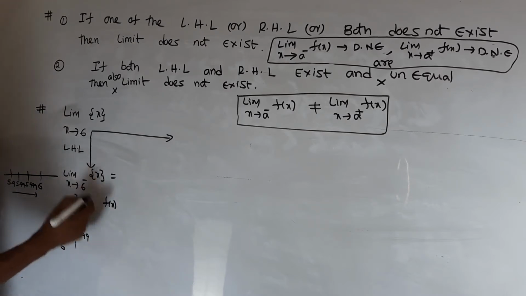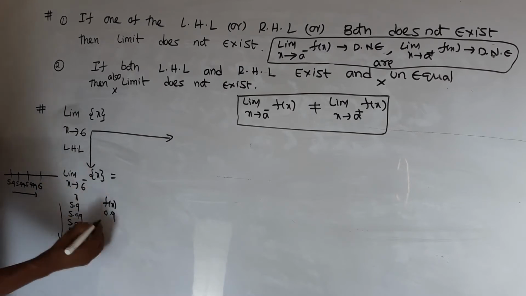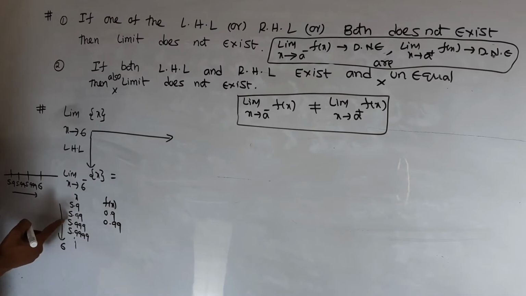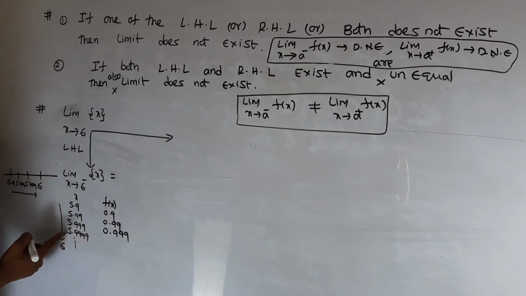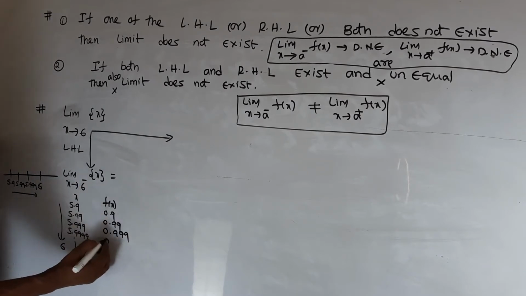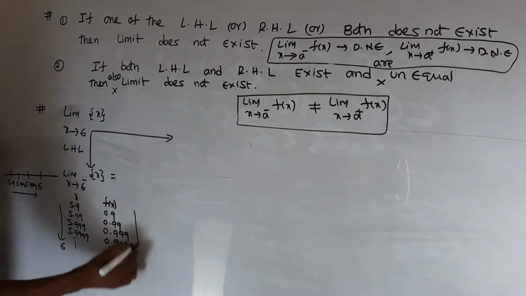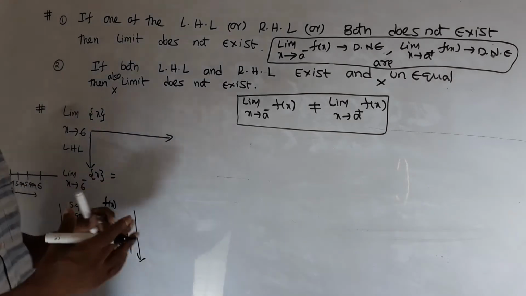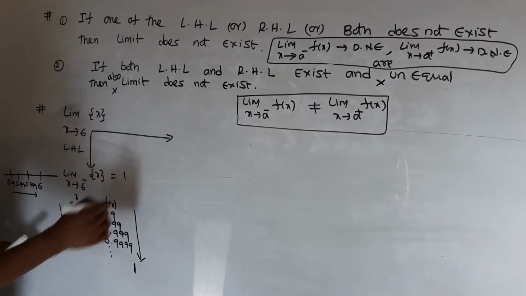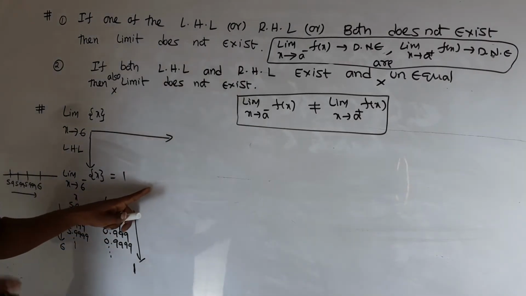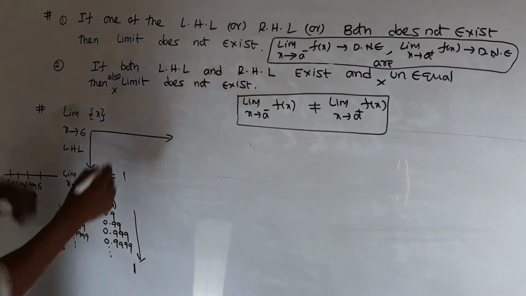Fractional part of 5.9 is 0.9, of 5.99 is 0.99, of 5.999 is 0.999, of 5.9999 is 0.9999. This result is close to 1. The result is 1; if we say 0.999, it becomes a wrong answer. This one is closer to 1, so 1 is the answer. Next, the right hand limit.